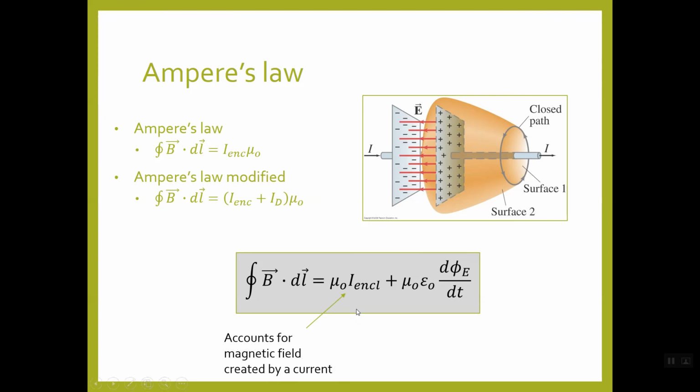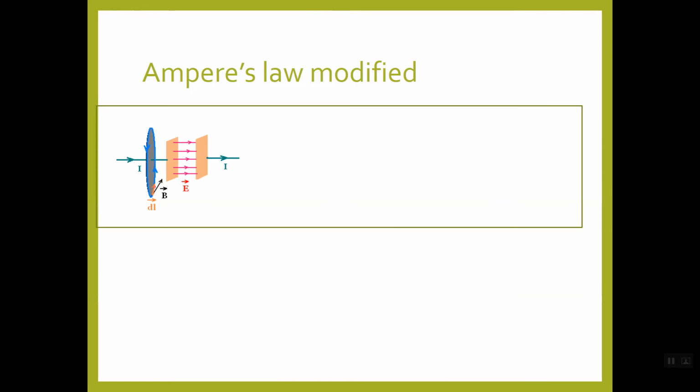So this term accounts for the magnetic field created by current, while this term accounts for the magnetic field created by a changing electric field. So now we can apply Ampere's law, this modified version, to the situation we had earlier, where we're looking at the charging capacitor with situation 1, surface 1.